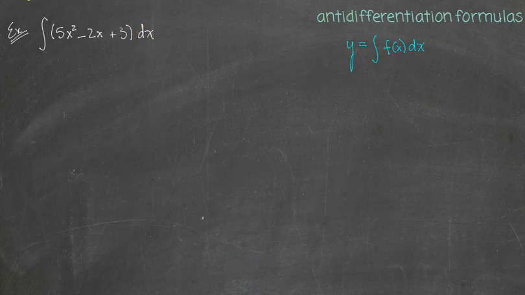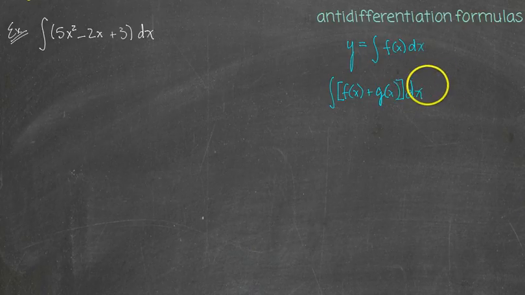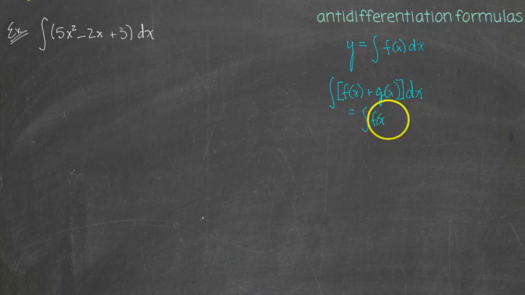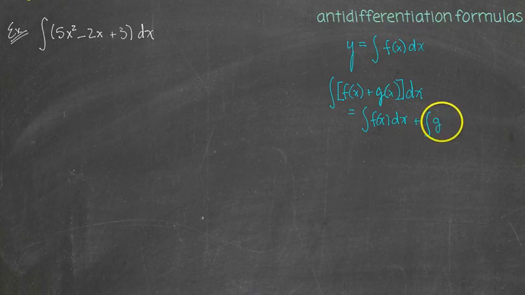But the first rule is to notice that the integral of f of x plus g of x, which could also be f of x plus g of x plus h of x, but in this case we're only going to show 2, but the rule does expand, dx is the same thing as taking the integral of f of x dx on the variable x plus the integral of g of x on the variable x.